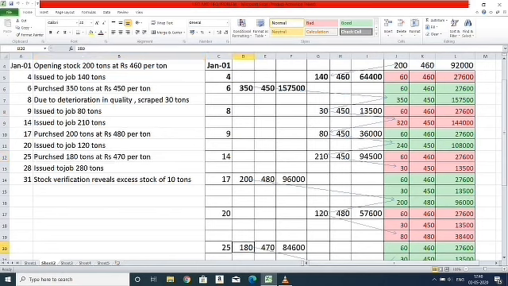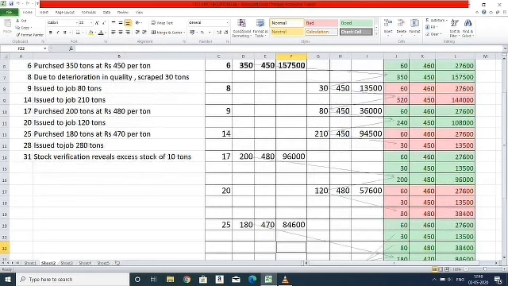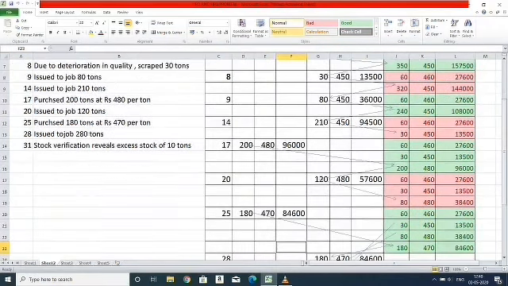Then on January 25, we are again purchasing 180 tons at 470. 180 tons at 470, then amount 84,600. This 180 will also form part of our closing stock. We already have 60, this 30 and this 80. Along with it we show this 180.